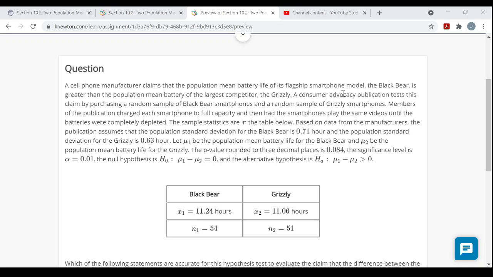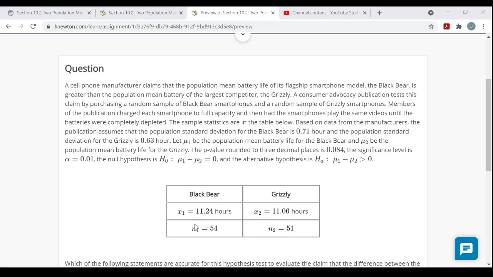A consumer advocacy publication tests this claim by purchasing a random sample of BlackBerry smartphones and a random sample of Grizzly smartphones. Members of the publication charged each smartphone to full capacity and then had the smartphones play the same videos until the batteries were completely depleted. The sample statistics are in the table below.